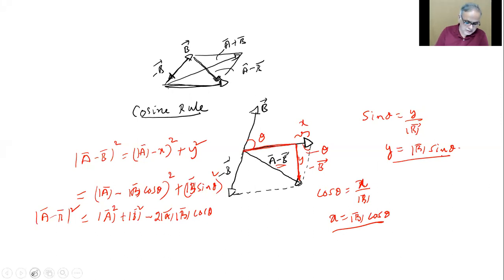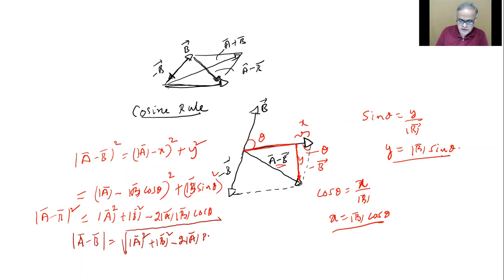Therefore, mod of A minus B would be under root mod A square plus mod B square minus 2 mod A mod B cos theta. This is for the magnitude of difference of two vectors.